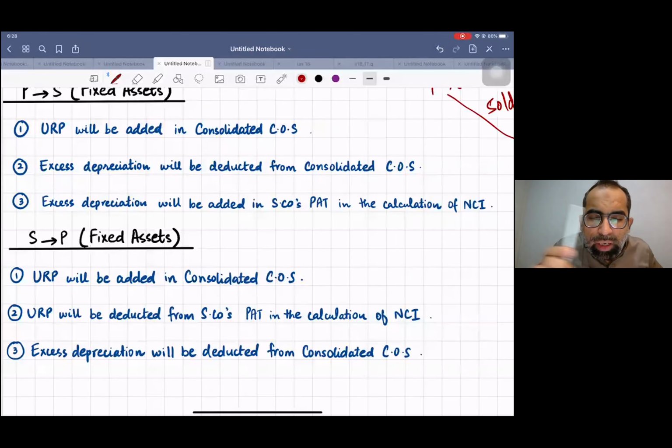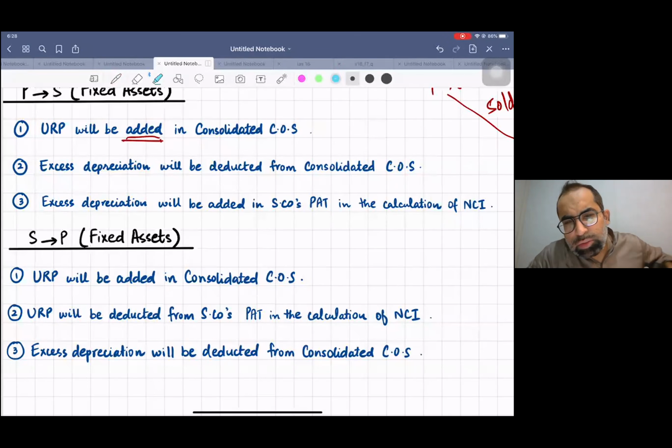So automatically this URP will go into the consolidated P&L. So first of all, you need to adjust consolidated figures. See, URP will be added in consolidated cost of sales. So automatically when you increase the cost of sales, your gross profit will go down and your URP will be removed.